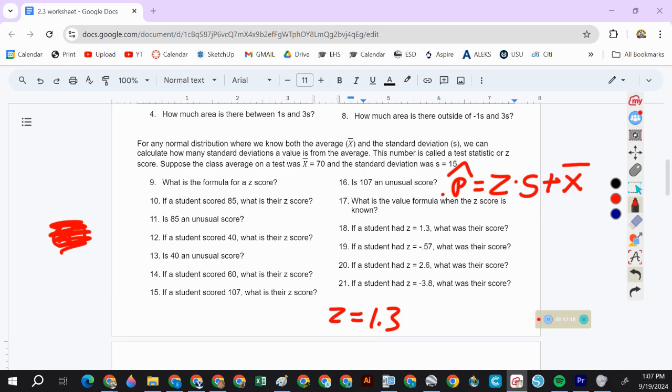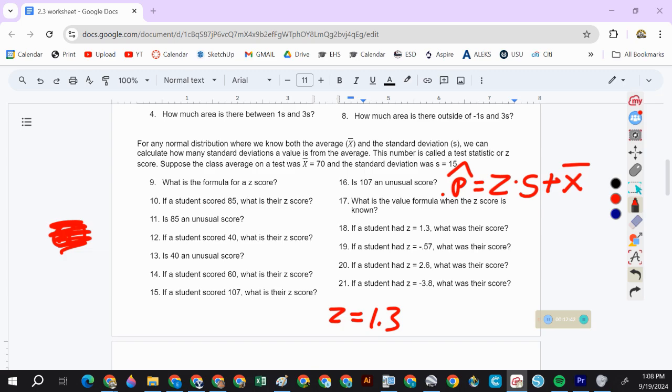Is that a good score? Yeah, that's a pretty good score, right? You did better than most people. Can a z-score be negative? Yes. Anything on the left side is negative. Great question. So 1.3 is a pretty good score, right? You did better than what, like 80% of the people.